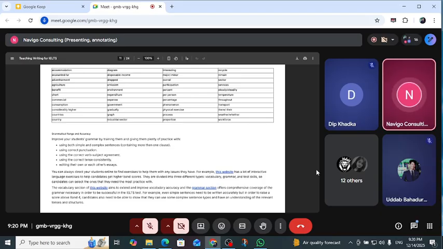Now, using correct punctuation means using commas, full stops, exclamation and question marks properly. Then using the correct subject-verb agreement: singular noun with singular verb, plural noun with plural verb. You should know which verb to use for which subject. Another one is using the correct tense consistently.